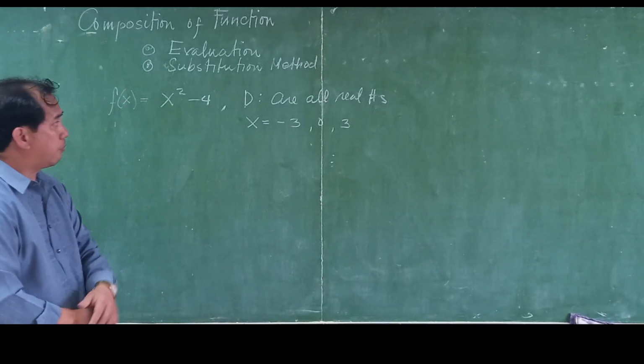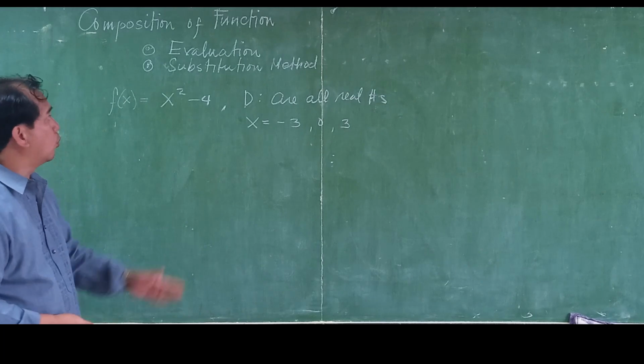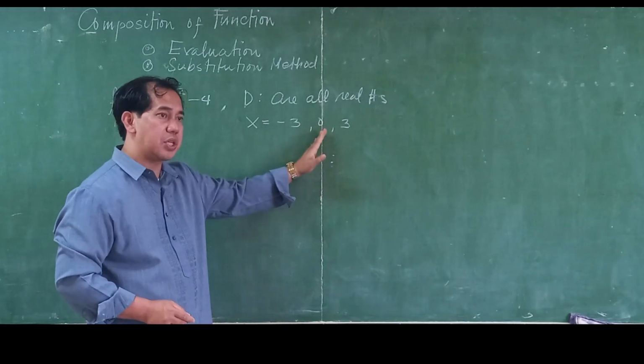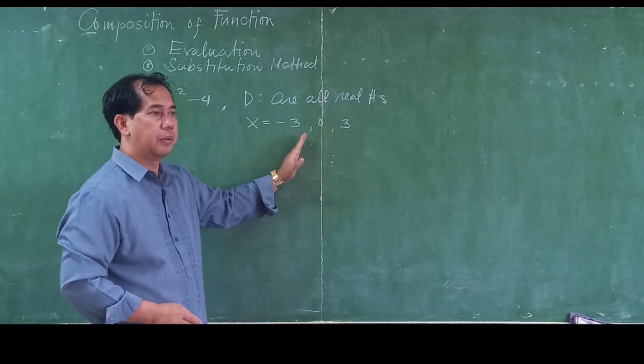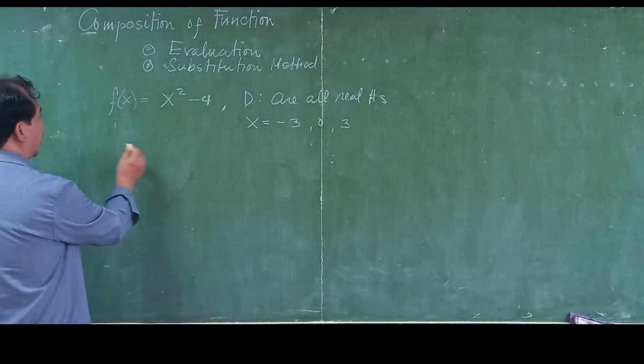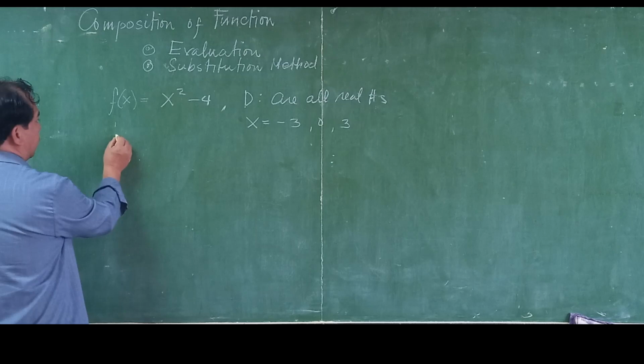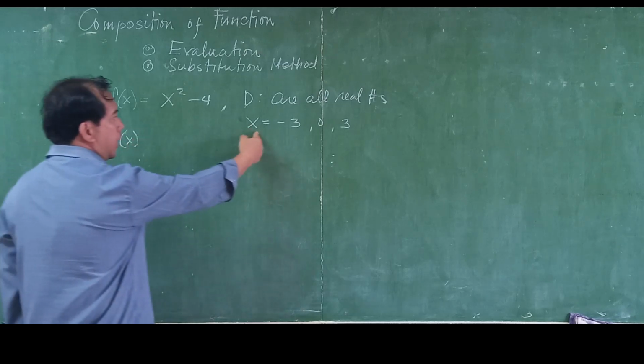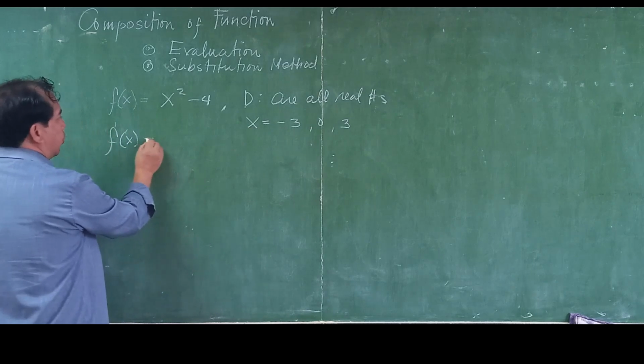Now, notice that when we are going to evaluate this one, we just replace the x with this number. Saying, what would be the value of the function f of x if our x is negative 3? What are we going to do?